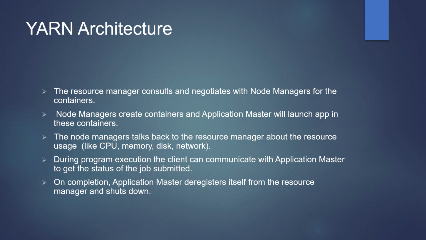Then the application master will launch the application in these containers. The node managers will talk back to the resource manager about the usage of resources like CPU, memory, disk and network. During program execution, a client can communicate with the application master to get the status of the jobs submitted. On the completion of jobs, the application master deregisters itself from the resource manager and shuts down.